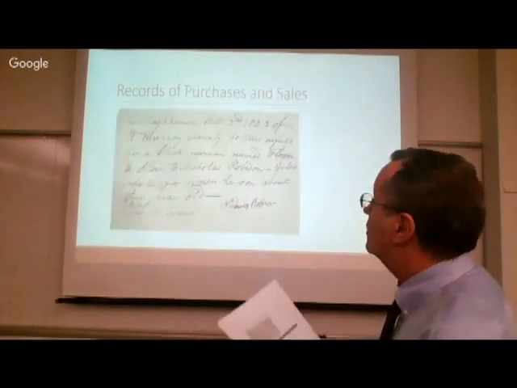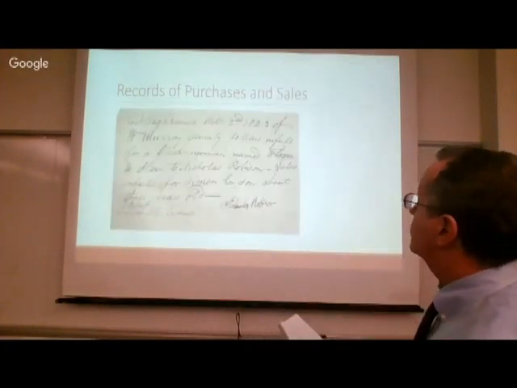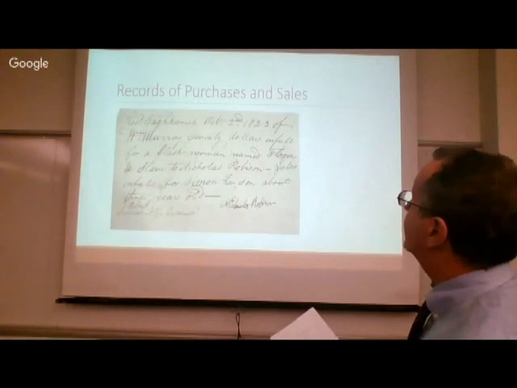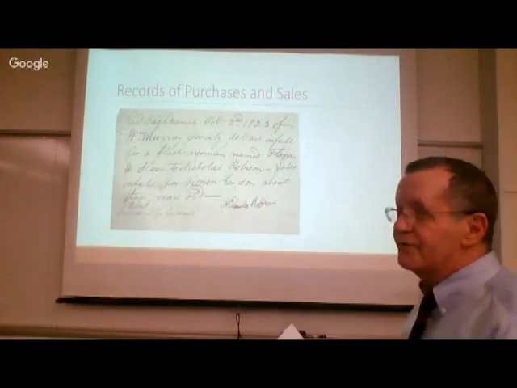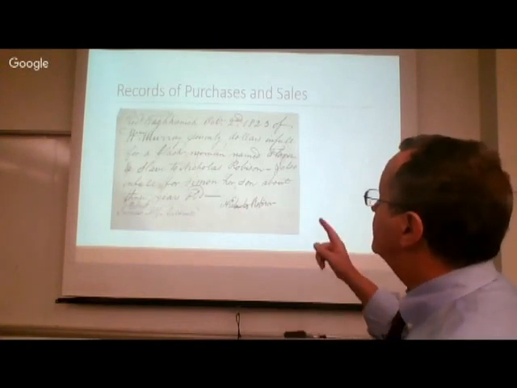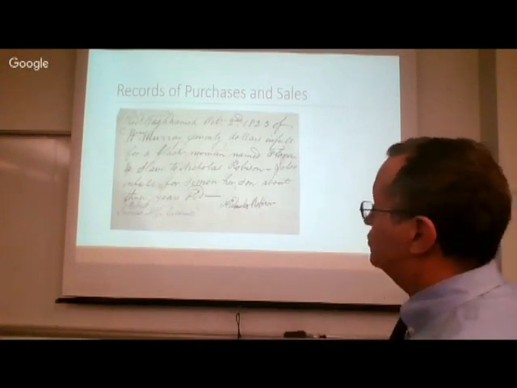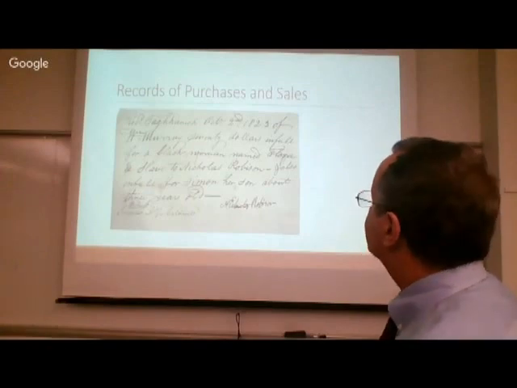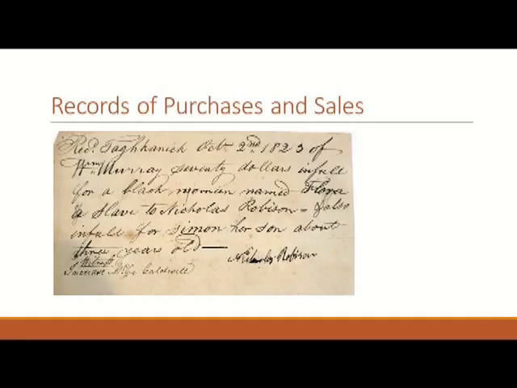Next, we have another kind of records, records of purchases of slaves and sales of slaves. Now, this one is an interesting document because this is in Taconic in 1823. And it is a sale for a black woman named Flora, and also for Simon, her son, about 3 years old.